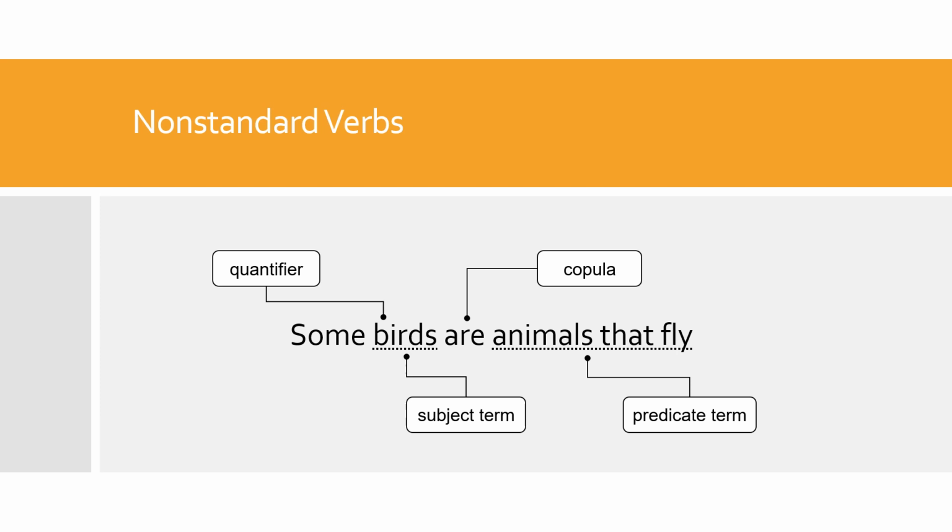But notice what I need is that copula, the verb "to be," has to be in there every time. I want these four pieces: quantifier, subject term, copula, predicate term. And in this case, I need to take the "fly" and turn it into "are things that fly," "animals that fly," and so on, so that my predicate term is itself a full class or category of things, a noun.